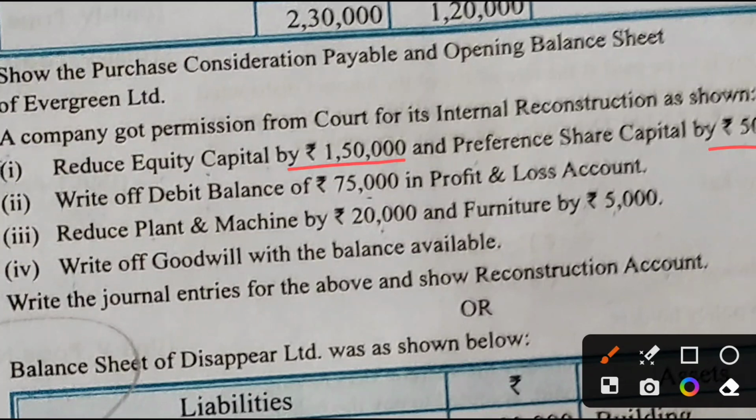Equity share capital account generally has a credit balance. When you need to reduce it, we need to debit it, because liabilities and capital generally have credit balances. To reduce them we need to debit them.